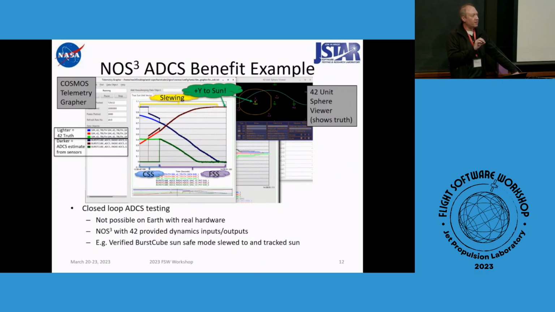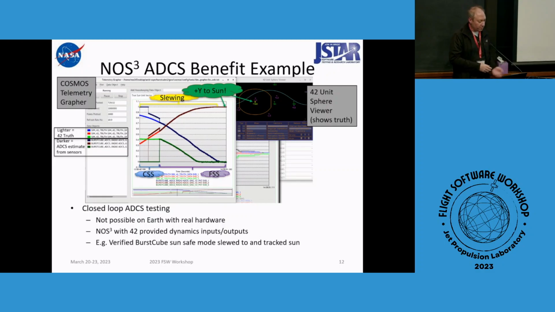It shows the ACS algorithm developed by ACS engineers. It shows that being integrated into flight software by flight software engineers. It then shows other engineers actually doing the testing and showing that BurstCube can track the sun and successfully obtain its sun safe mode. And that's what you see here.